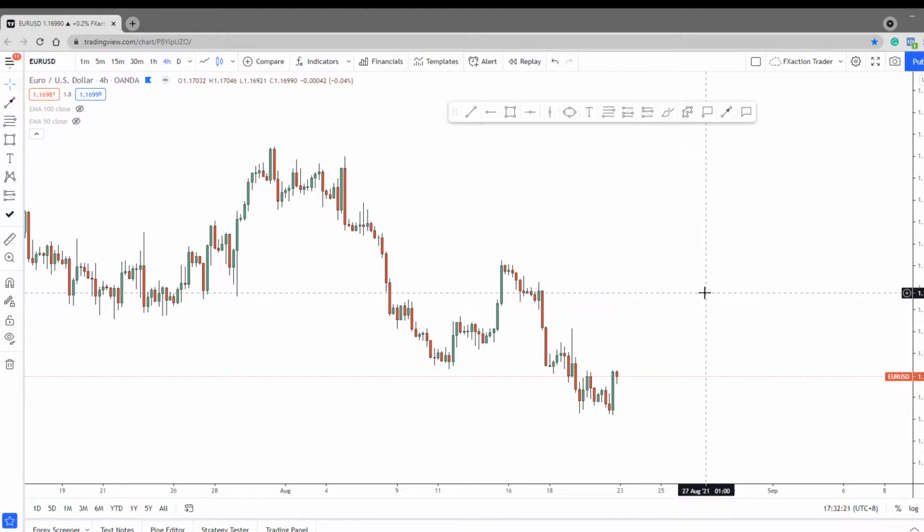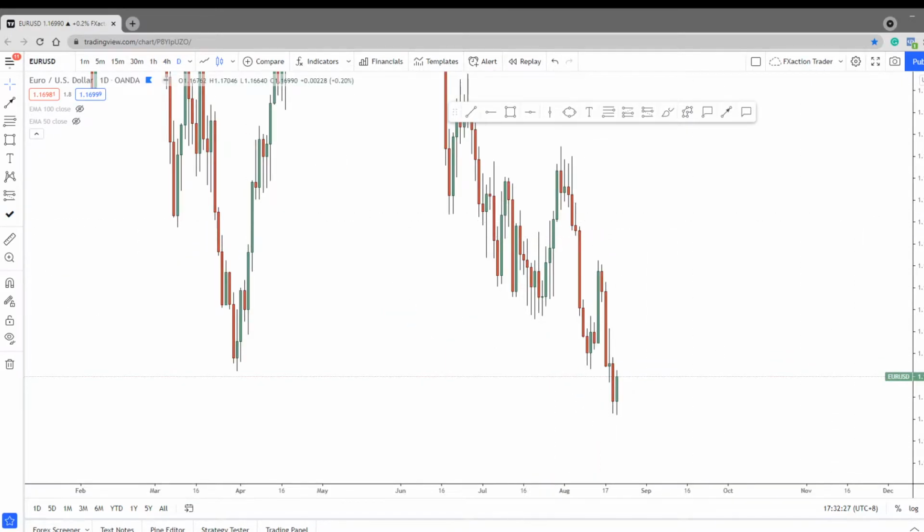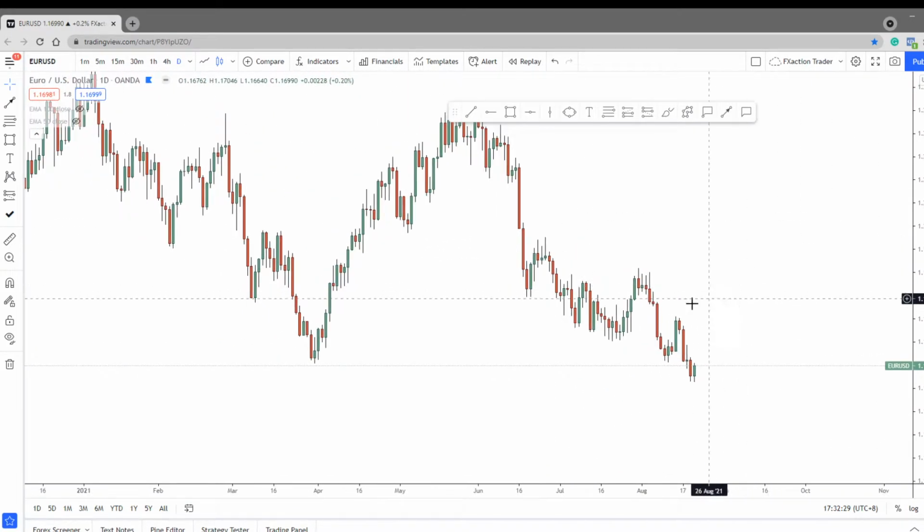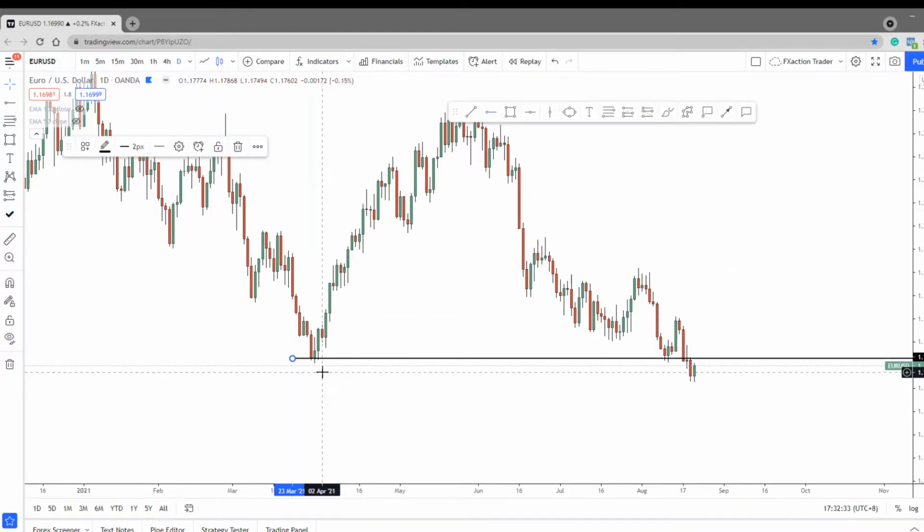So let us begin with Euro Dollar. If we're looking at the daily chart on Euro Dollar, we can see that last week, market has broken the previous daily low at 1.172 and a new low was made before Friday market close.